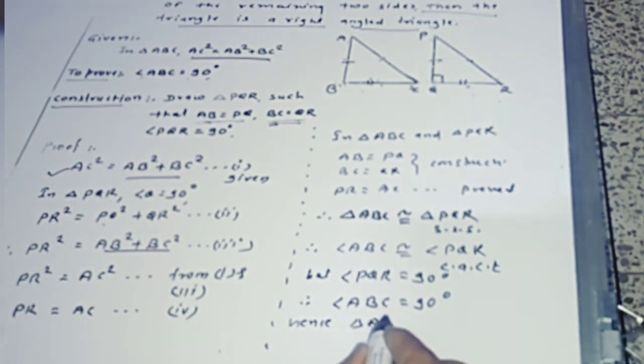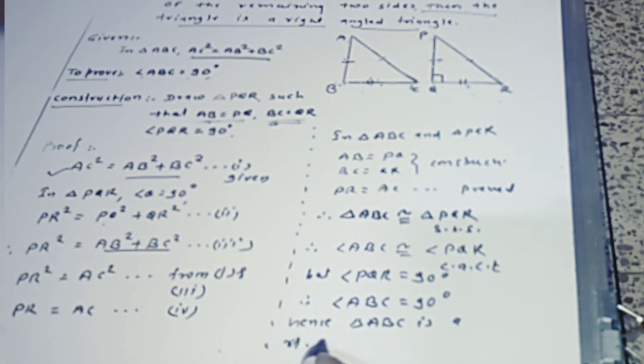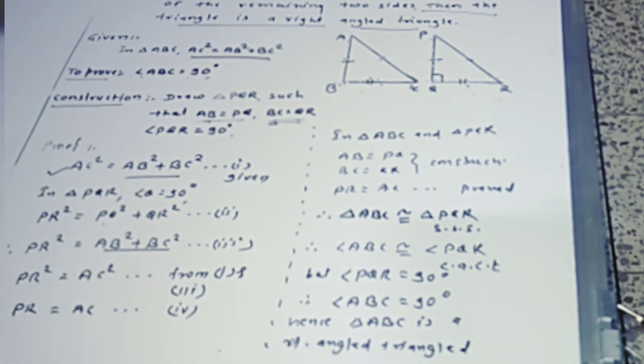Hence triangle ABC is a right angled triangle. In this way, we can prove the converse of Pythagoras theorem.